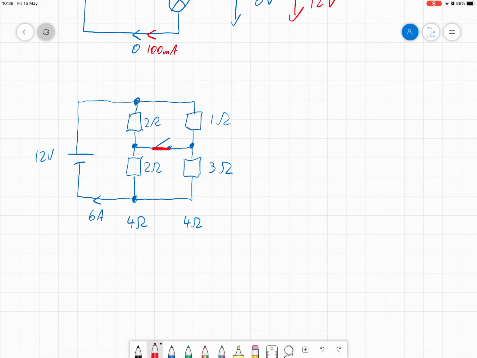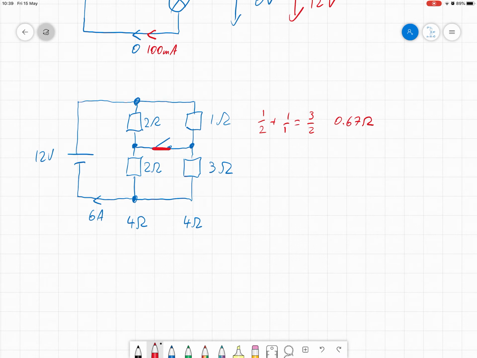So for the top row here, we calculate 1/2 plus 1 over 1, so that's 1/2 and 1, which is 3/2. This is the inverse of the resistance. So out of this we calculate the resistance is 2/3 or 0.67 ohm for these two resistors in parallel.